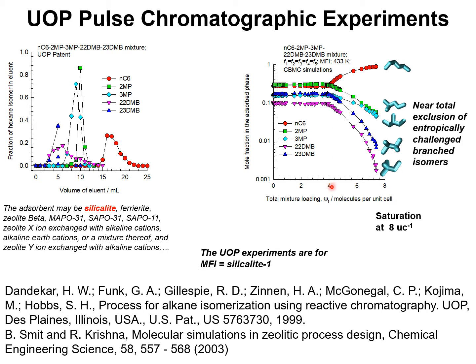And as the mixture loading is increased beyond 4, the composition of the adsorbed phase becomes increasingly in favor of the linear isomer, and the monobranch and the dibranch isomer are progressively excluded from the adsorbed phase.